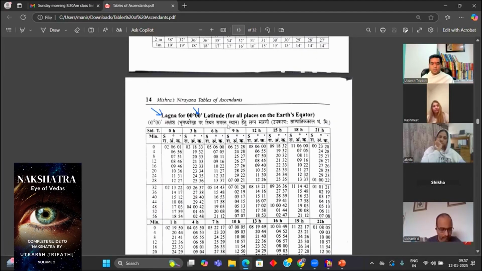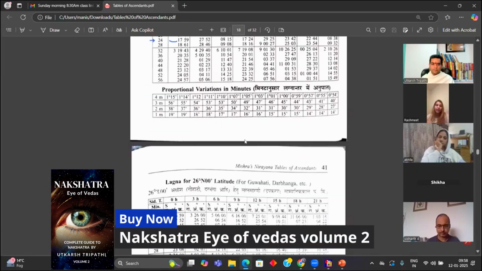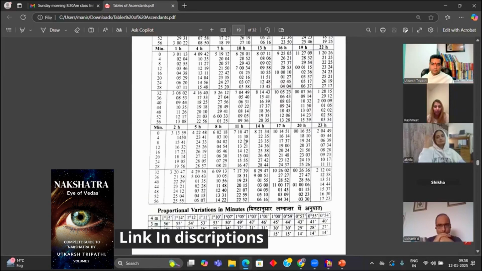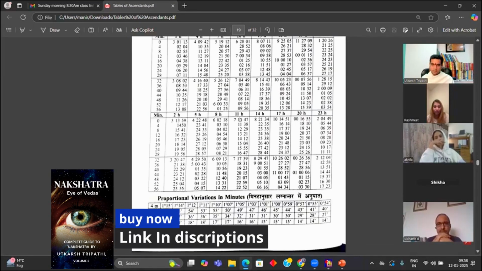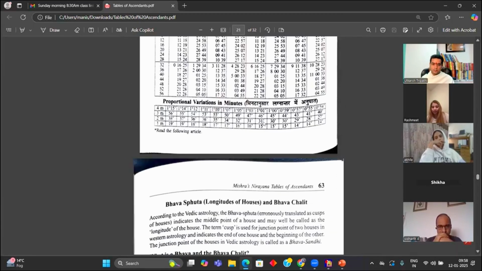Okay, so the table is done. Sir, in any case, it cannot be different, right? Like whatever Lagan is coming, the corresponding sign would be coming up in the 10th house. Yes, yes, that will not differ.